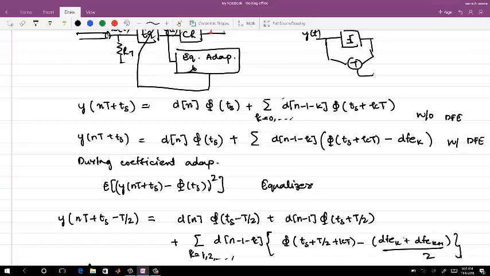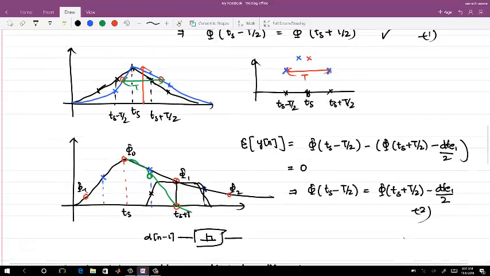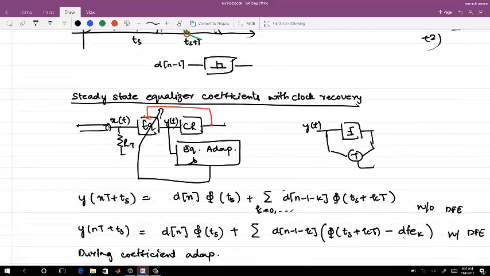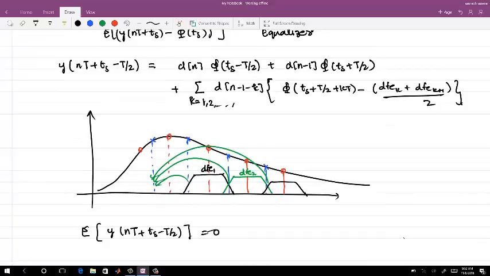Let me write the equation number. So you are considering any given edge, and at that edge you will have a contribution from the previous bit. The way I showed here is that at each edge transition, you can have a DFE1 plus DFE2 contribution.